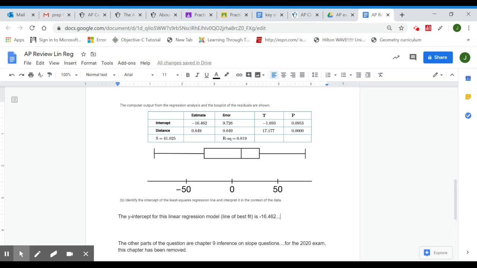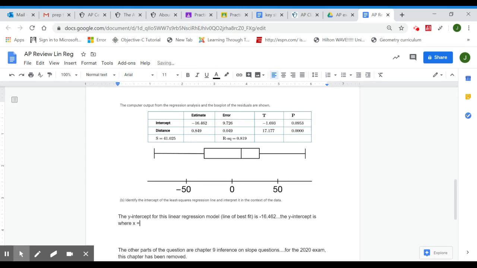Okay, so the y-intercept is where x equals 0, and this is where the model predicts the y value to be when the x value is 0.